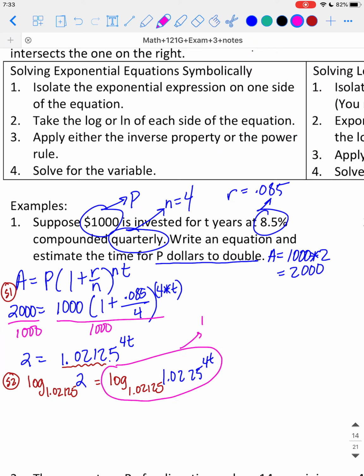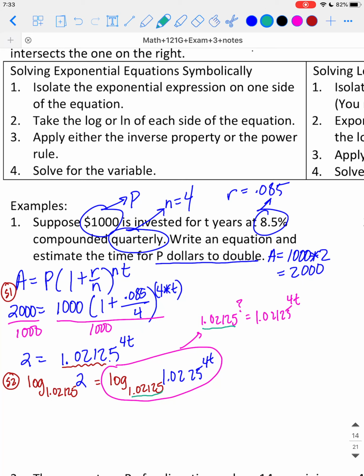This that I circled right here is saying 1.02125 to what power gives me 1.02125 to the power of 4t. If I'm changing this logarithmic expression, just what I circled in pink, to an exponential equation, it's the base.